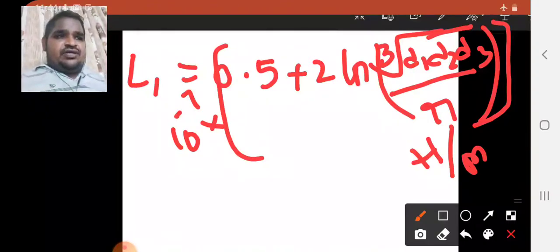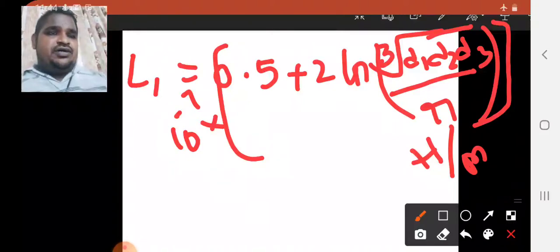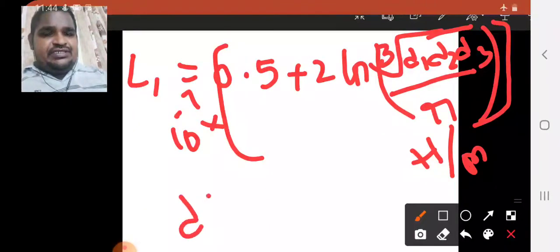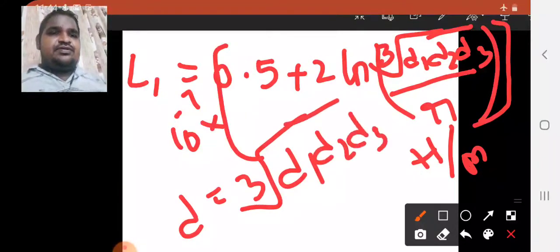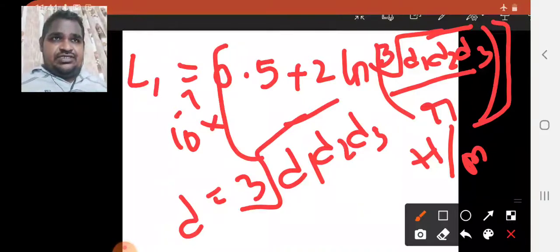So here let us take d equal to the cube root of d1 d2 d3. The cube root of d1 d2 d3 is considered as the self GMD. What is meant by GMD?